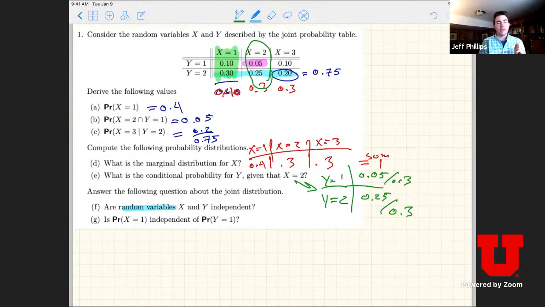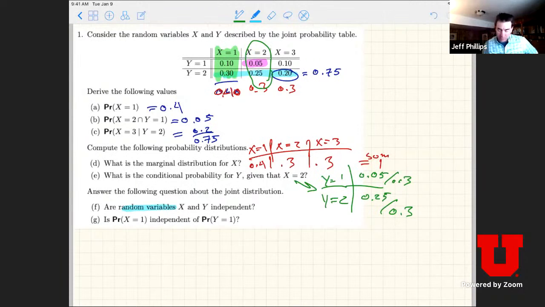If I look at X equals 1 and Y equals 1, I should be able to look at any two events.